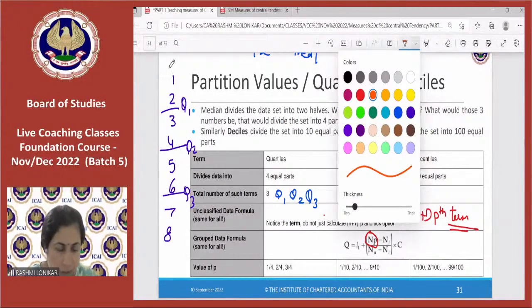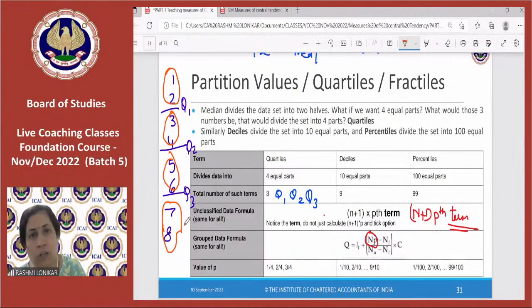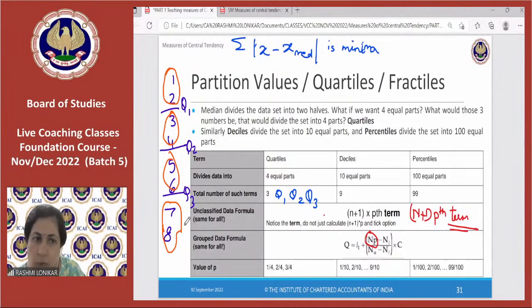This is one part, second part, third part, and fourth part. And this division is represented by Q1, Q2, Q3. Q1 will give you the place in the data where there is 1 part on this side and 3 parts on the other side.